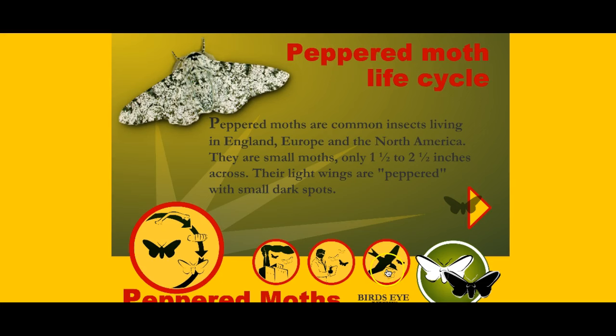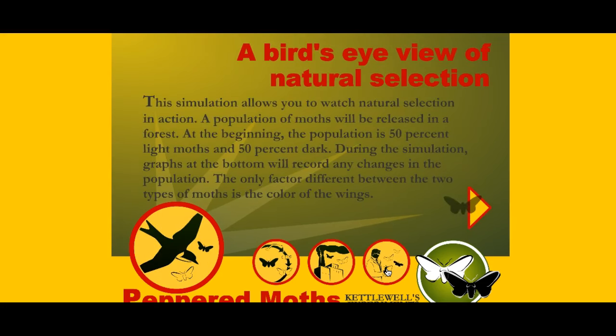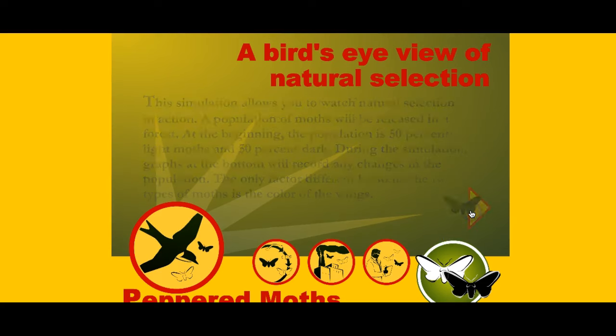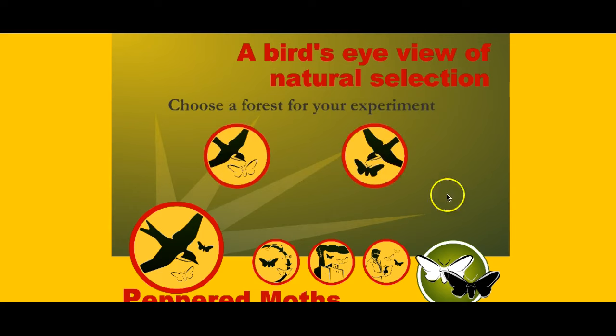All right, when I get to the point where I'm ready to play the online simulation, I'm going to do the bird's eye view of natural selection. I'm going to start with the light forest. And my goal is to eat as many of the moths as I can.